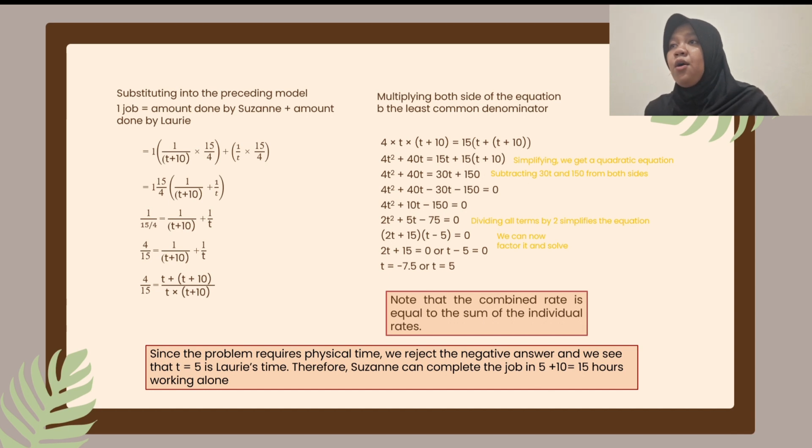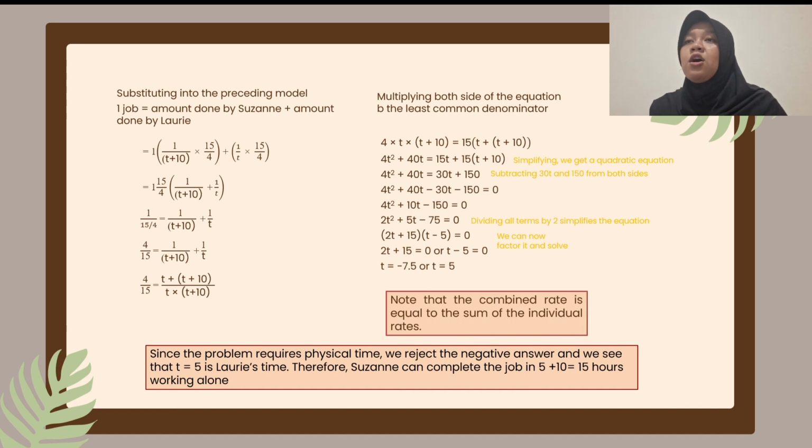Okay, we have 1 equals 1/(t plus 10) times 15/4 plus 1/t times 15/4, and we have 1 and 15/4 times (1/(t plus 10) plus 1/t), and it's 4/15 is 1/(t plus 10) plus 1/t, and we have 4/15 is (t plus t plus 10) over t times (t plus 10).